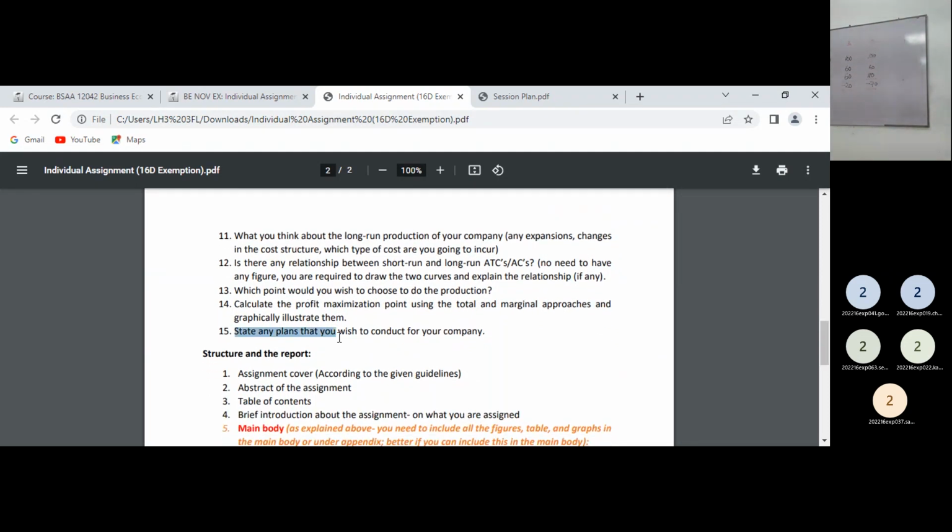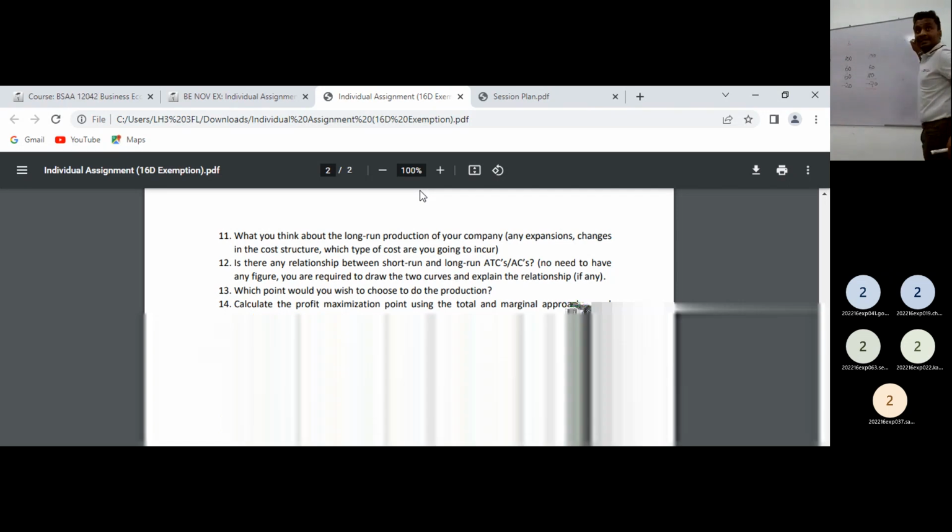Then finally, state any plans that you wish to conduct for your company. Any plans, very simple. Now, the issue is when you are drawing these curves, it must be like that. We know that our average product goes like this, but it does not want to be like an ECG.